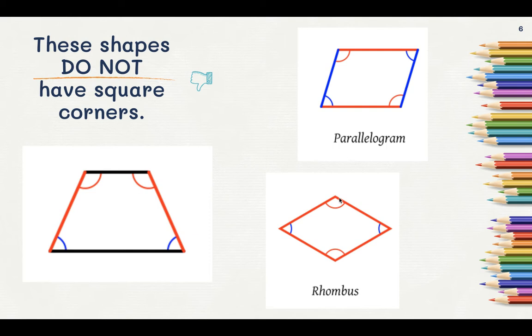And the same with the rhombus on this side. The top and bottoms, or the sides, are not perfectly vertical or perfectly horizontal. So the corners cannot be squares. So again, these shapes that you see here do not have square corners.